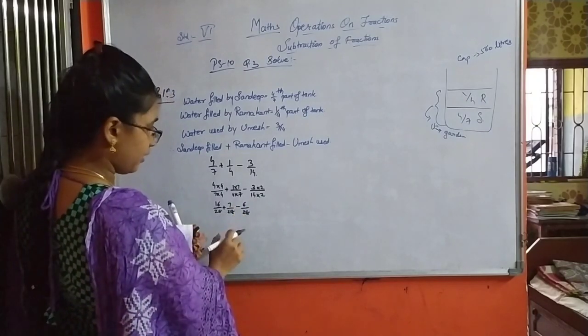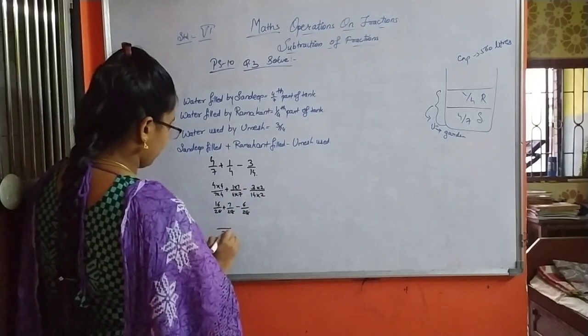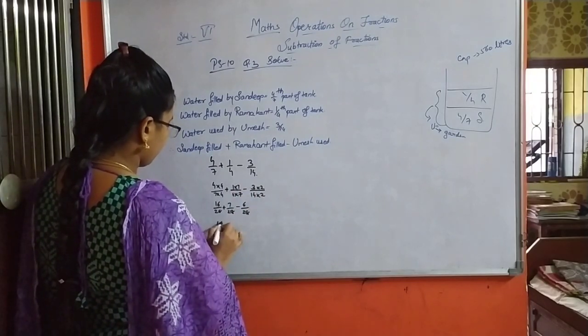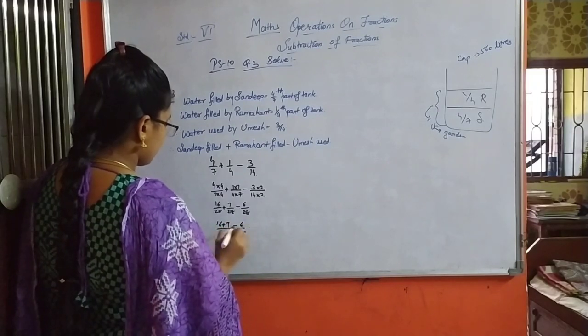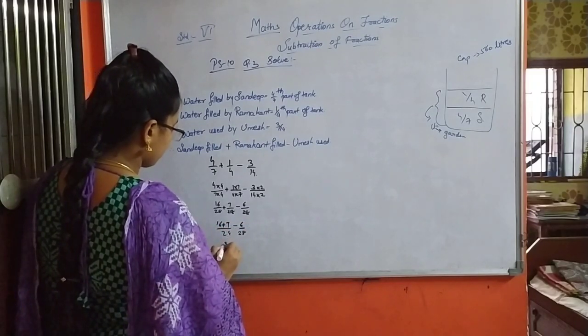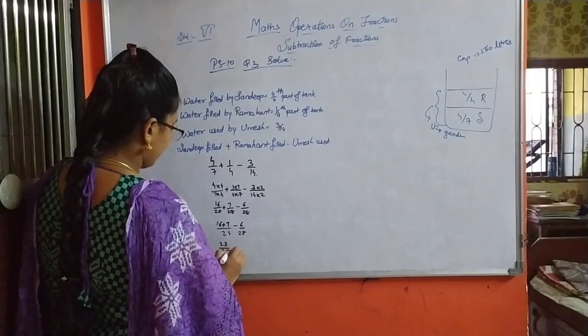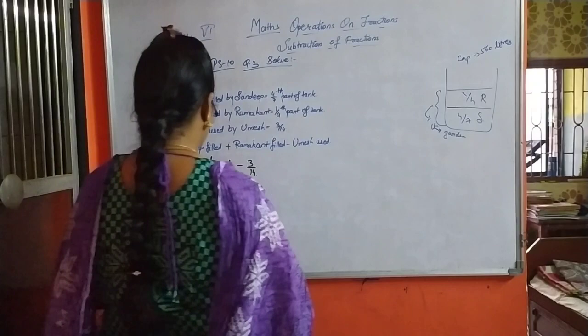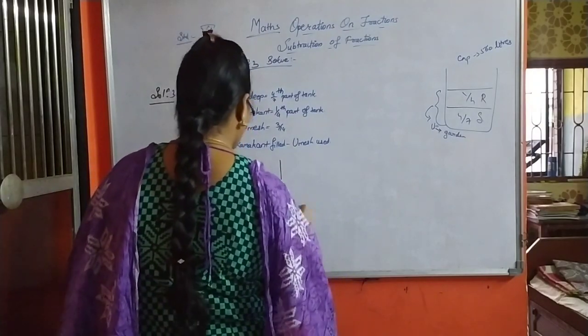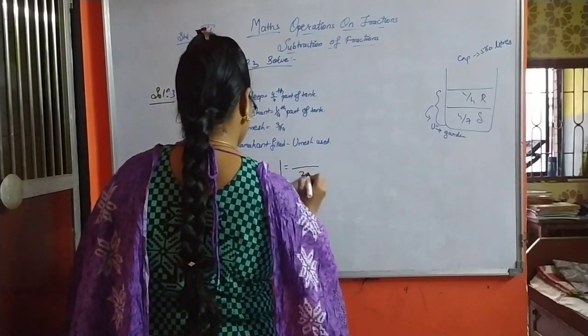Now first we will add, after that we will subtract. Common denominator, so 16 plus 7, 23 upon 28. Since we have equal denominators, I will directly subtract it.